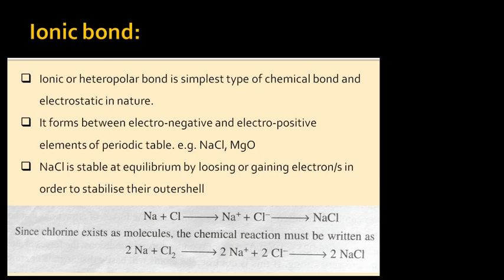So it is something like a give and take relation of the valence electron from the adjoining atoms, and this leads to forming an ionic bond.